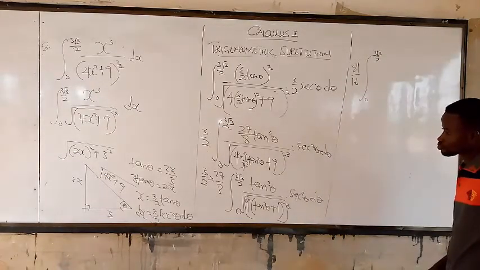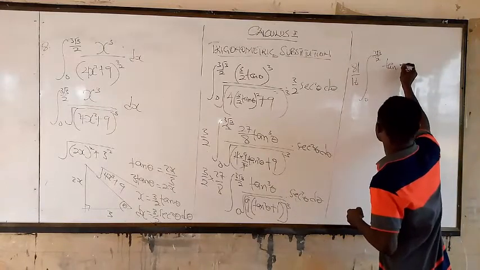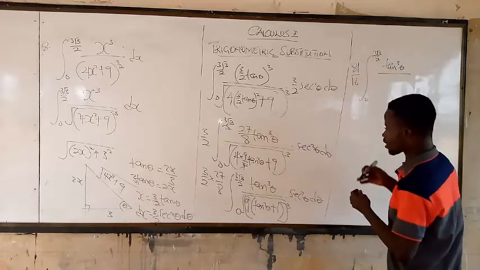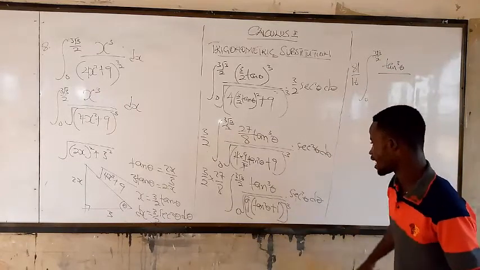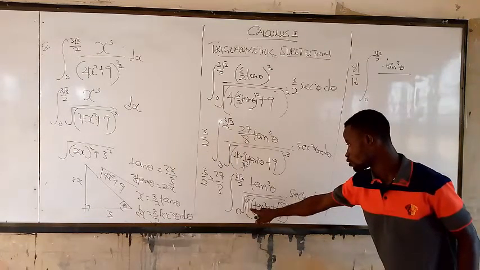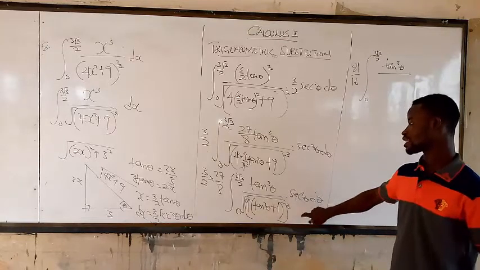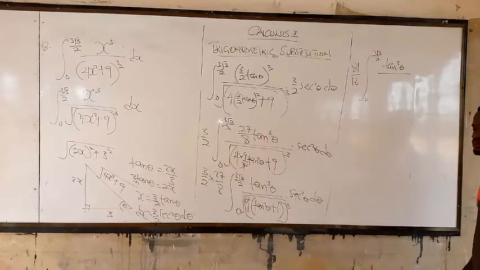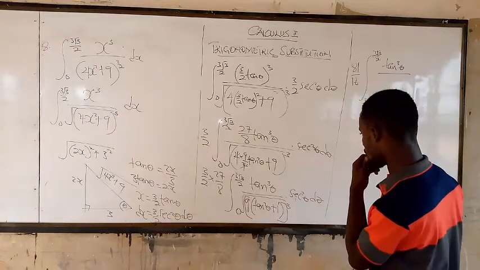Now, from what we have here, we can get tan raised to the power 3 theta over here. Don't forget that we have the square root of that and also the power of what? The 9. So that place you have to be careful. We have to be careful, okay?